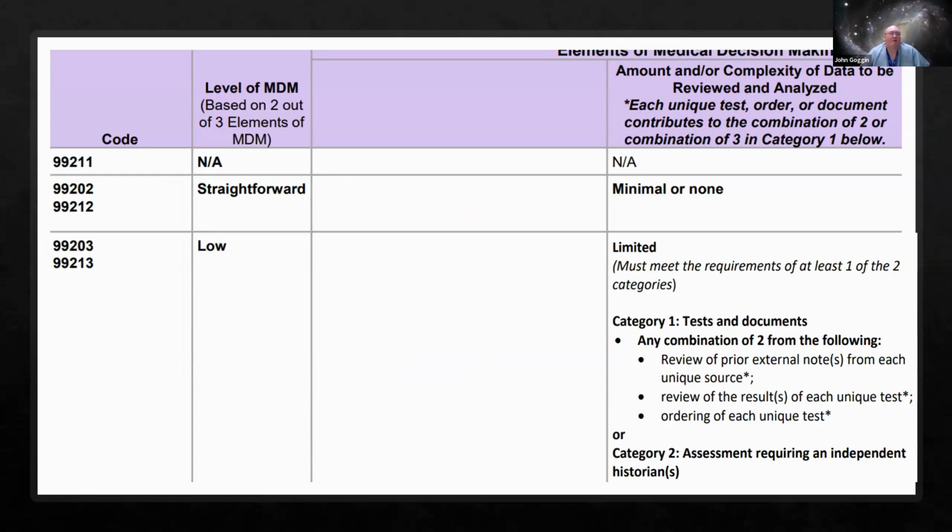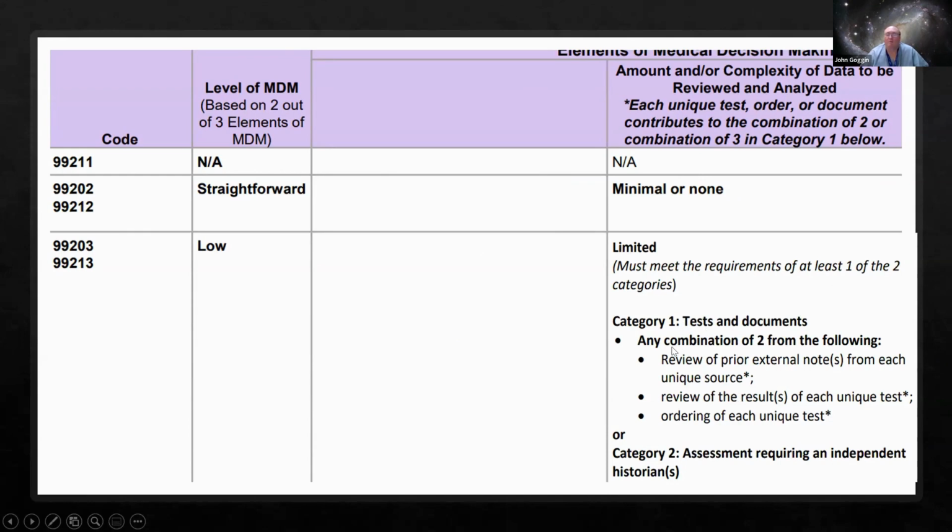So the next thing we look at when we're determining our level of medical decision making is the amount and complexity of the data to be reviewed. And again, for a level 2 code, you essentially don't need anything. You don't need any x-rays, labs, what have you, in order to reach the threshold for level 2. So level 3 is going to be a limited amount of data, and you need to meet either category 1 or category 2.